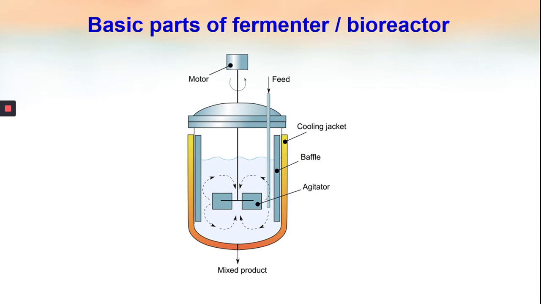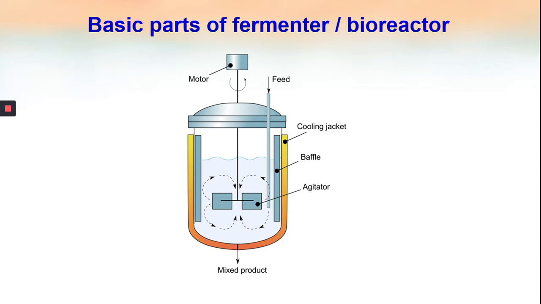Basically, each biofermenter or bioreactor has the same standard components, as you can see in the picture. Each one has a motor, a feed area, cooling jacket, baffle, agitator, and also a component which you can use to withdraw the products that have been produced during the fermentation.